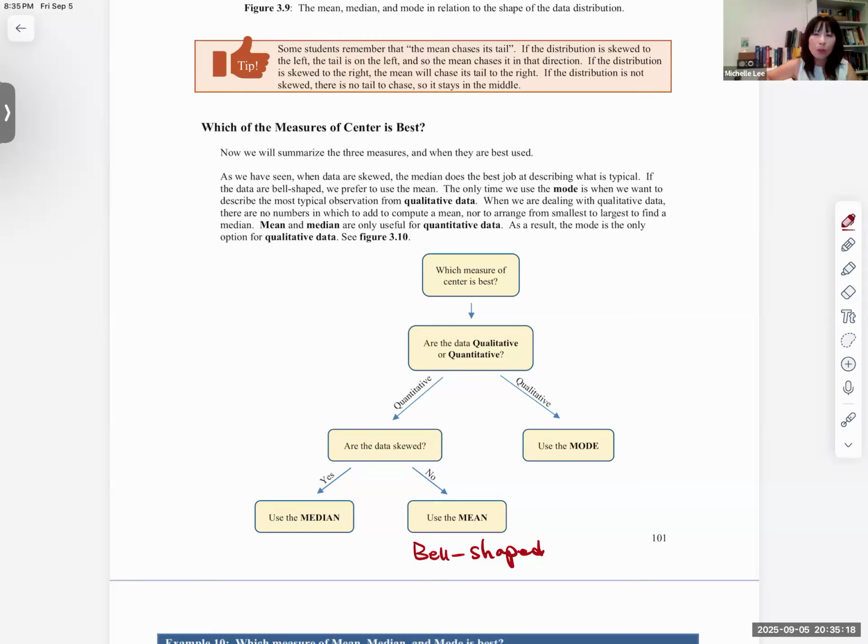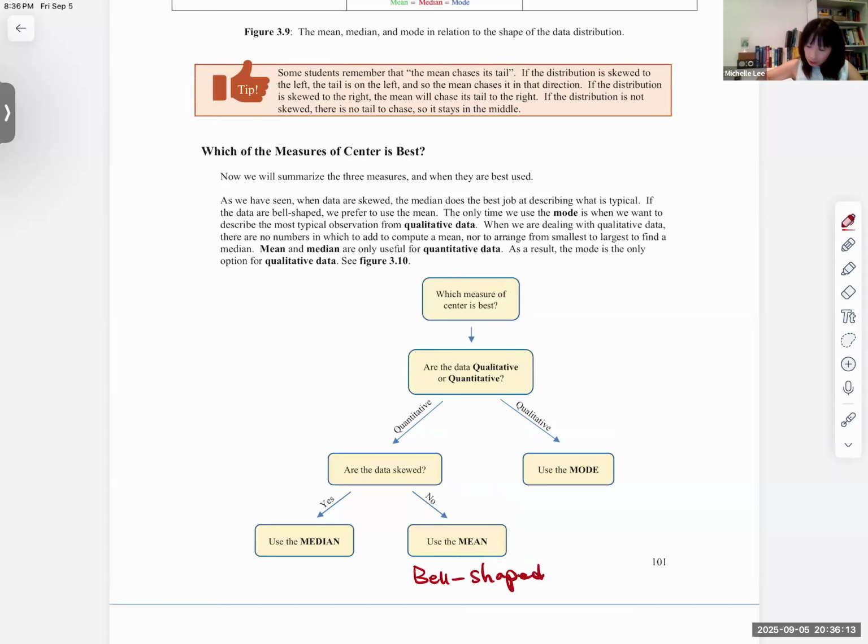We had a bunch of numbers. What was the mode? Number one was the mode. Remember? But if it is qualitative, we can report the mode. Why? Because there is no median and no mean, because there is no number. Median and mean are only for quantitative variables, right? Make sense? All right.